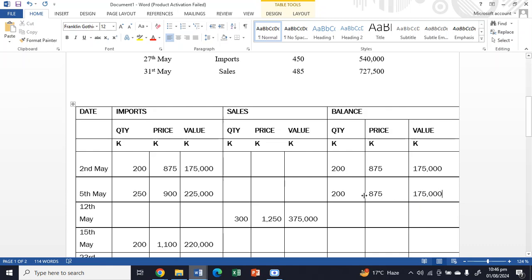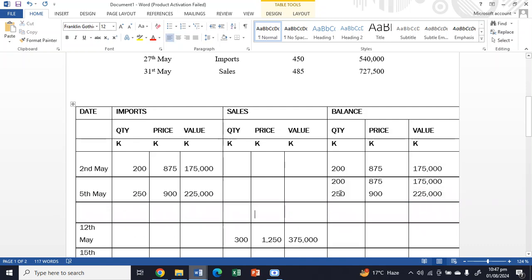We brought in now 250 goods, each costing 900 kwacha. Paid a total of 225,000 kwacha. Right, so here we are going to find the average cost for both batches of goods, right?